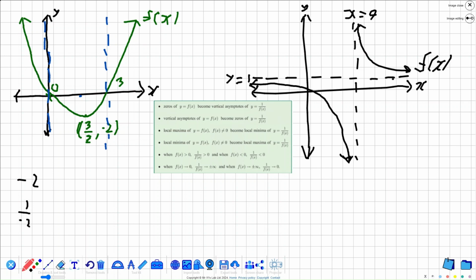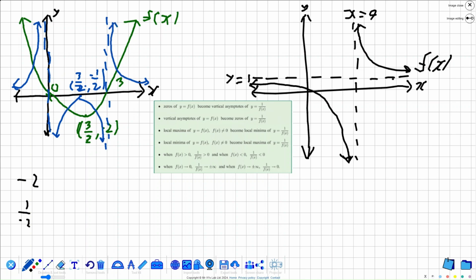So we know we're going to have a point here at 3 over 2 and -1 over 2, like that. And so we're going to have local maximum here, and then we've got a very similar situation up here, because we know these follow the same paths as the other ones, so we can just draw them simply like that.